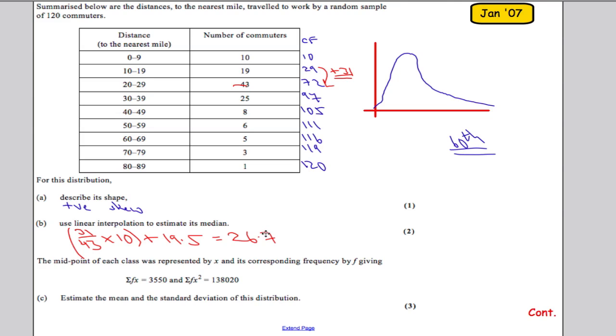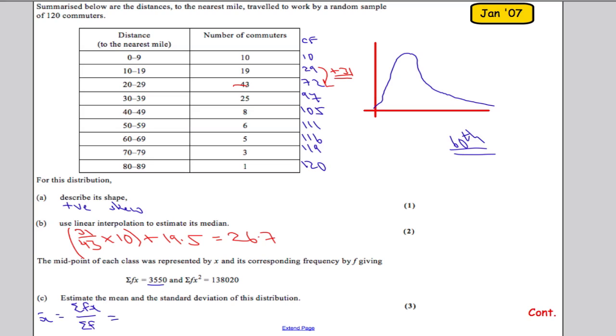The midpoint of each class is represented by x and its corresponding frequency by f, giving sum of fx and sum of fx squared. Estimate the mean and standard deviation for this distribution. So you need to know your formula here. X bar equals the sum of fx over the sum of f.